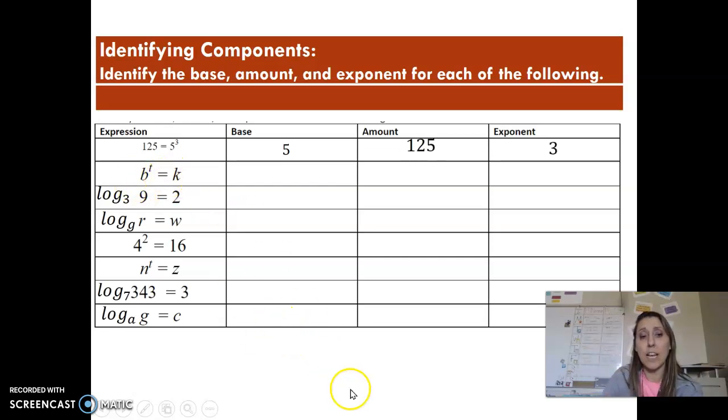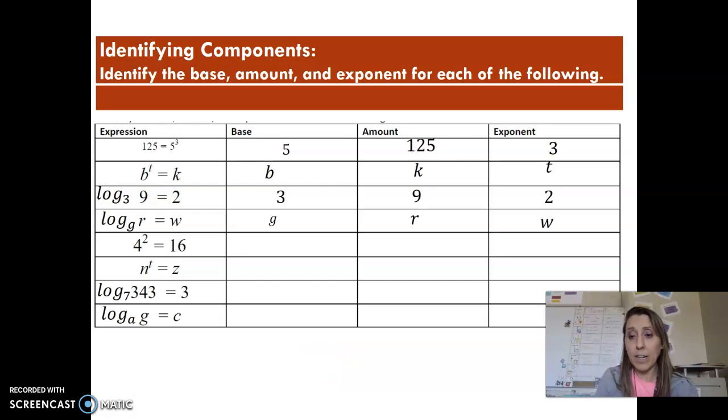If we're looking at just letters, your base would be B, your amount would be K, and your exponent would be T. Now going for logarithm form, this says log base 3 of 9 is equal to 2. So the base is 3, the amount is 9, and the exponent is 2. And if we're looking at just variables, the base is G, the amount is R, and the exponent is W. So go ahead and hit pause and finish those ones.